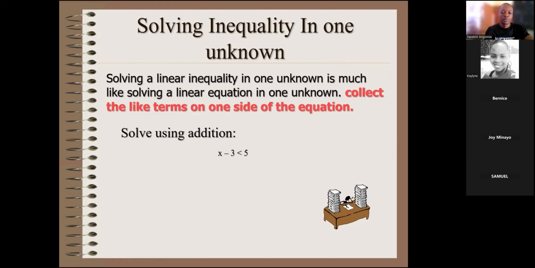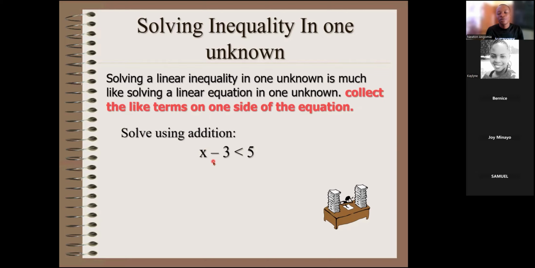So look at this. We can solve this inequality. One unknown means the term whose value we don't know is x, right? So that's the unknown. Now, if we want to get the value of x, I'm talking of using addition to solve. Why?